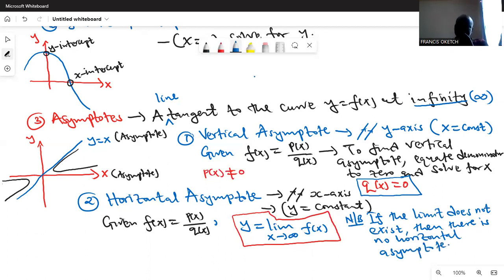That is very important. When we say the limit does not exist, it means you get the limit and you have tried all the techniques of evaluating limits and your result is infinity, either positive infinity or negative infinity. If that is the case, then we say that the limit does not exist, and so there's no horizontal asymptote.